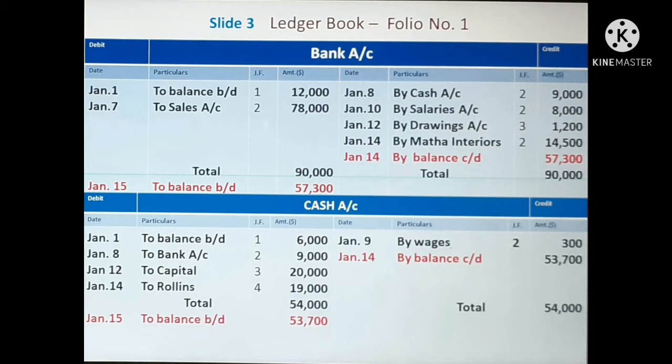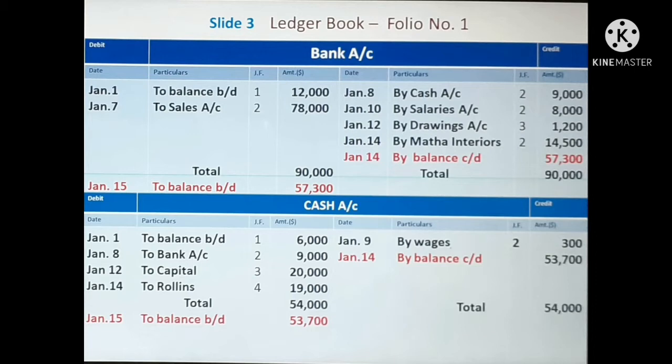However, the total of postings on the credit side is the lower sum. The difference is $57,300. So the balance is shown on the credit side by January 14 as balance carried down $57,300, and as a result both the sides total become equal, $90,000.